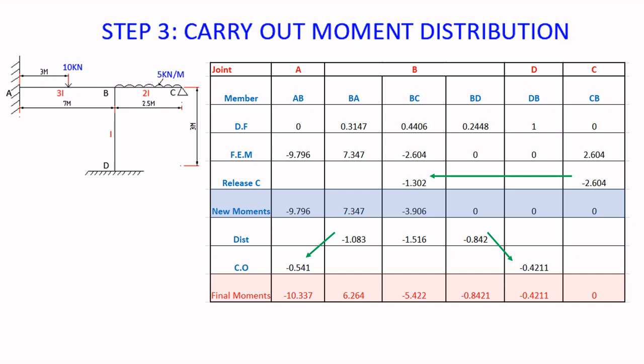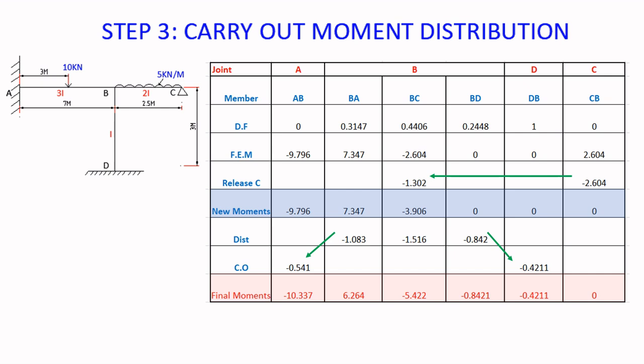So you release CB, you apply a moment of negative 2.604, and half of that goes to BC, that is negative 1.302.